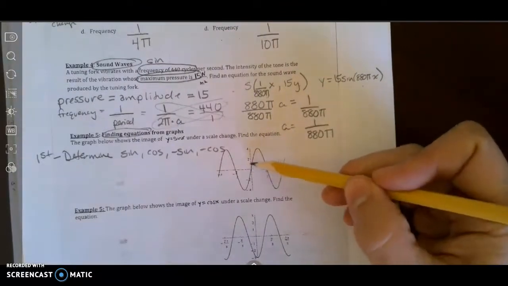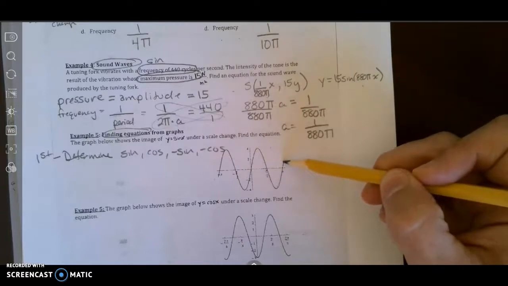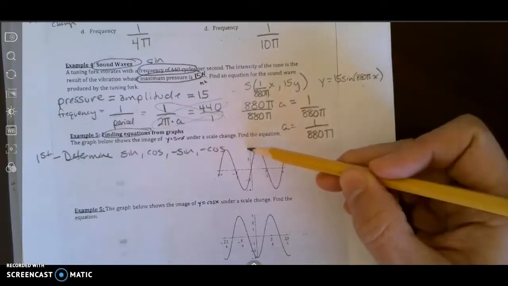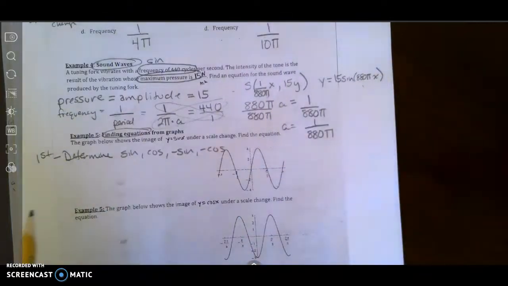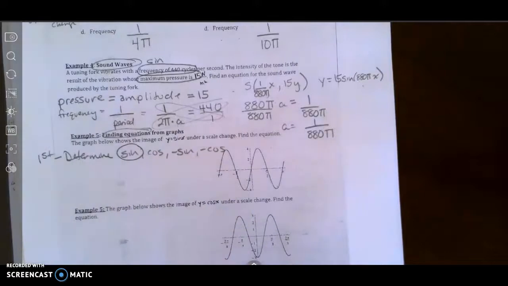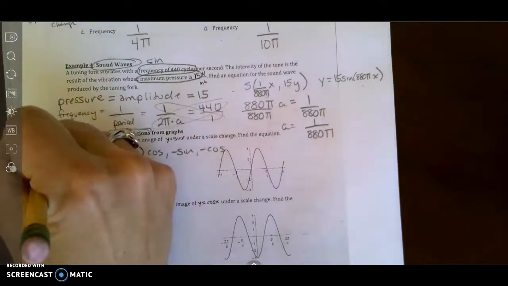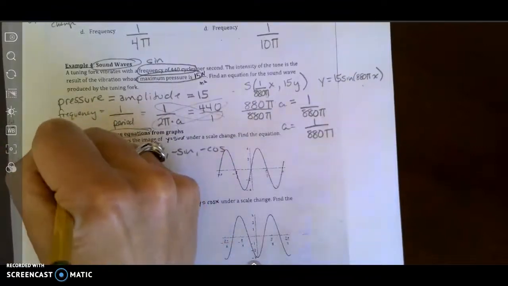So I look here, and it goes up and comes back down. This is a normal sine curve. If it was a cosine curve, it would start up here and make a U shape. So I know that it's sine. That's my first step. My second step is to figure out the amplitude.